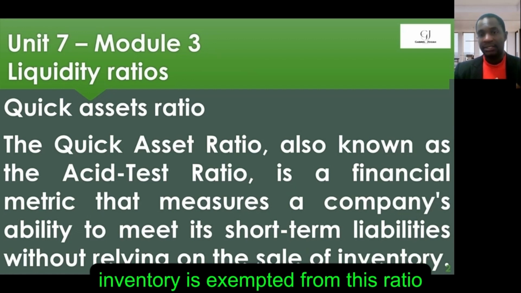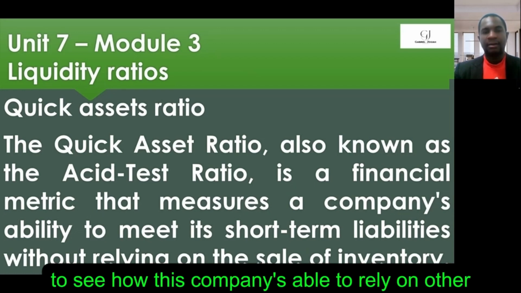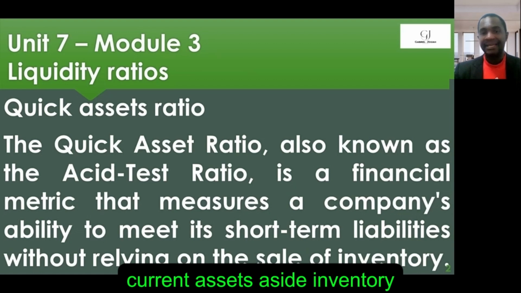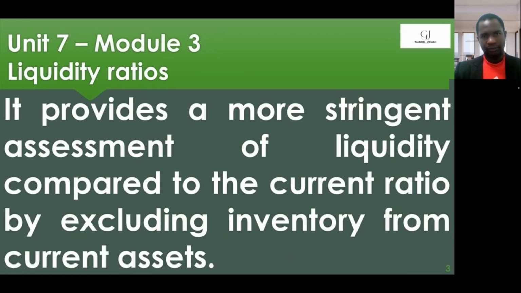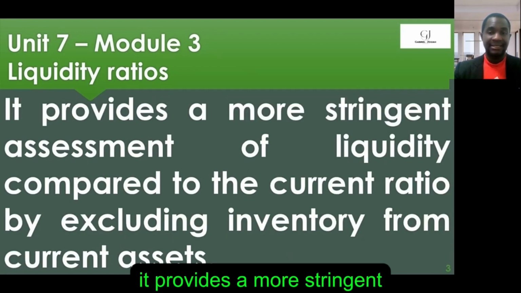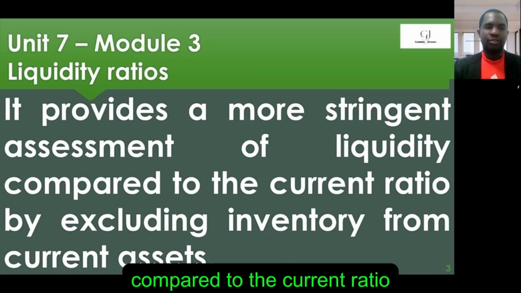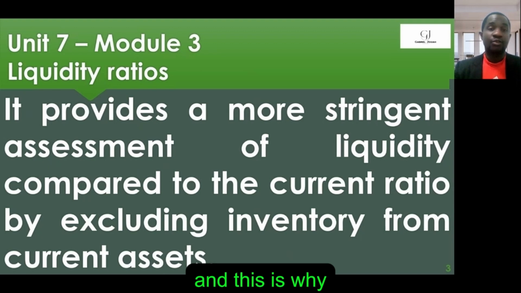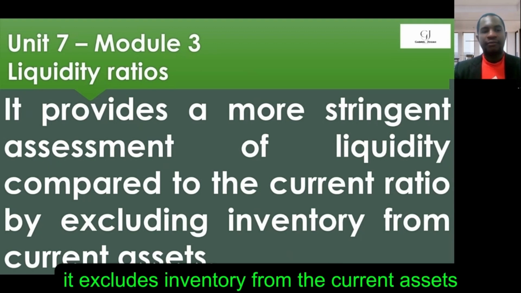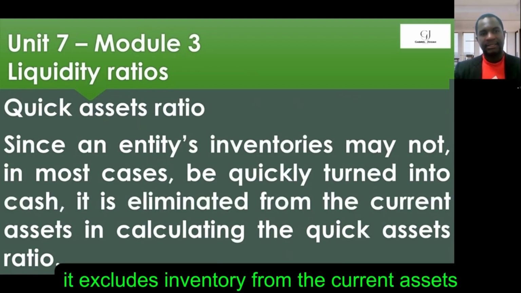Inventory is exempted from this ratio to see how this company is able to rely on other current assets aside from inventory. It provides a more stringent assessment of liquidity compared to the current ratio. And this is why it excludes inventory from the current assets.